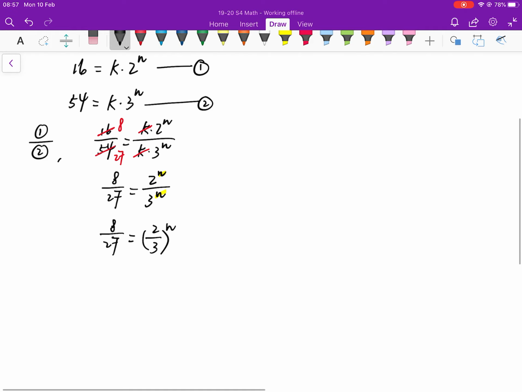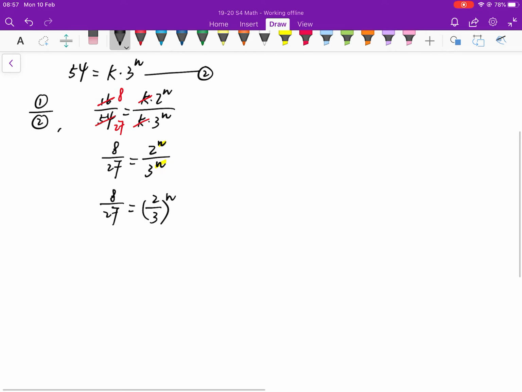And finally, we know that n is some kind of value. That means we have to think: 8 over 27, can it be a certain power of 2 over 3? The result will be that 2 over 3 to the power 3 equals 2 over 3 to the power n.